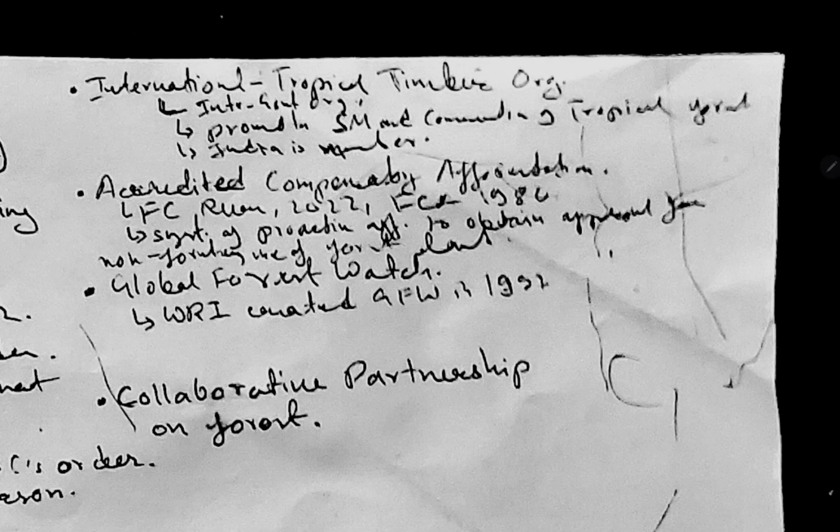Other is the compensatory afforestation, also known as CA, which is very famous. We have already heard about compensatory afforestation in the environment chapter, when we talk about the forest inside the environment.